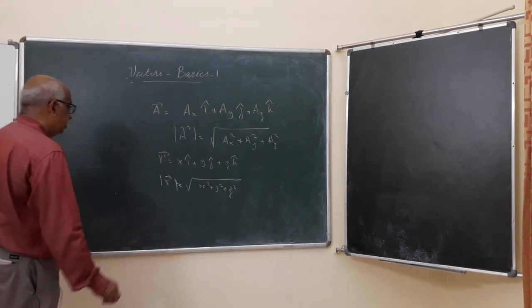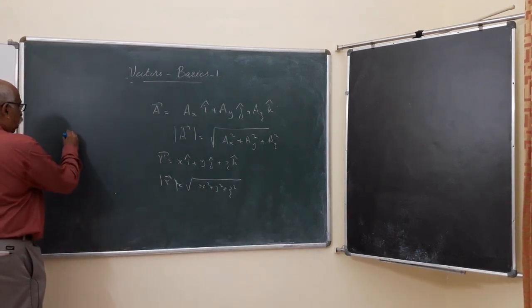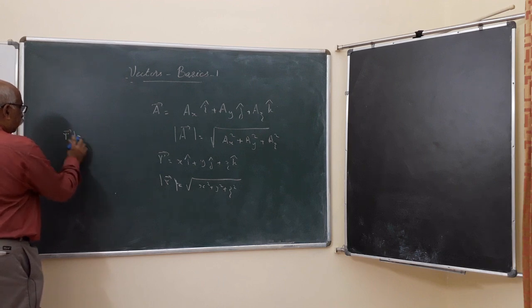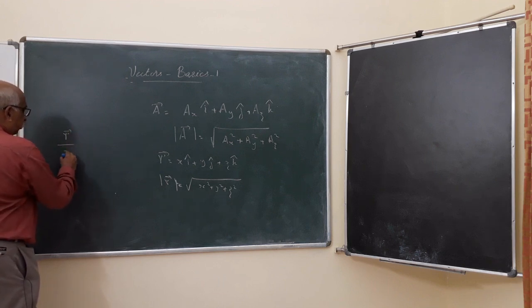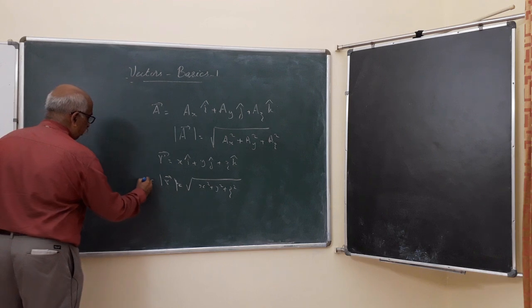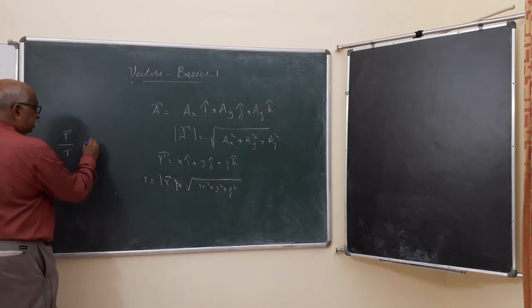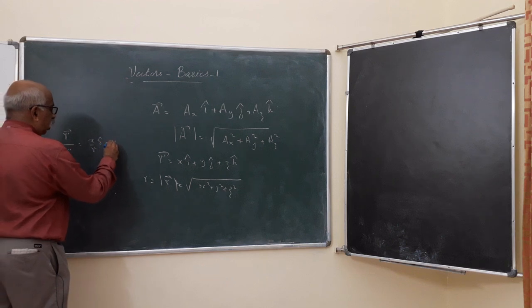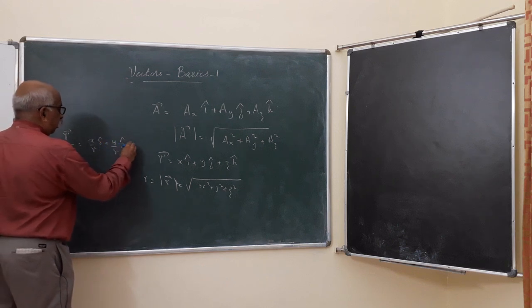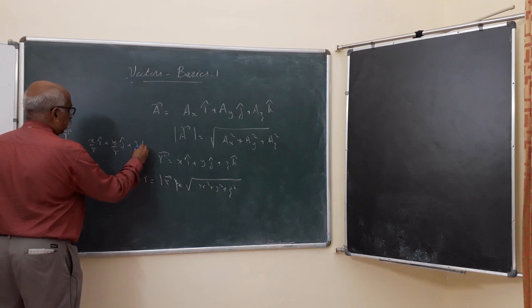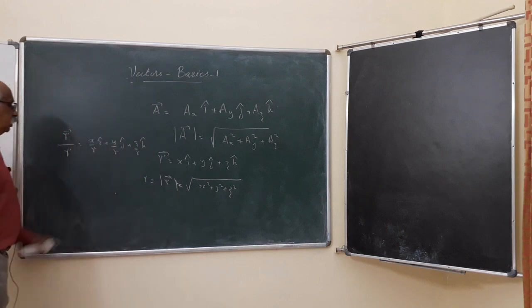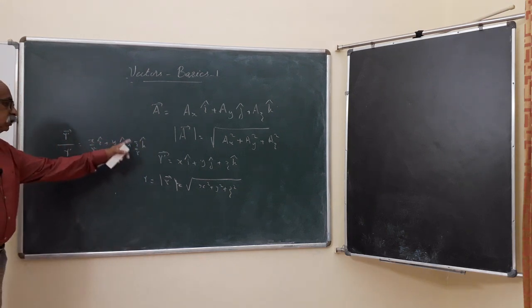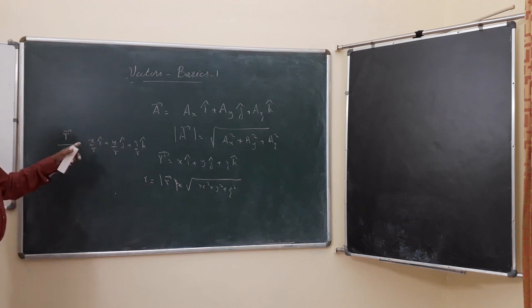You can divide vector r by the magnitude of the vector. What we will get is x by r i plus y by r j plus z by r k. These x by r, y by r and z by r are known as the direction cosines of the vector.